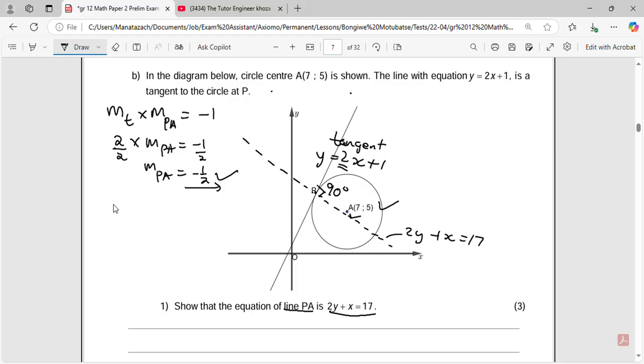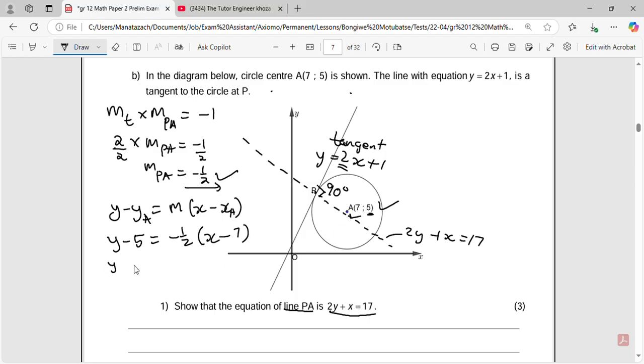So the next step is to write the general formula of the straight line like this, but in this case, instead of using y1, I'm going to be using point A. So that's going to be ya and xa. So y minus ya is 5, right? Because point A is 7 and 5, then the gradient is minus 1 over 2, x minus xa is 7.